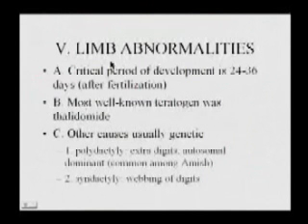So let's consider some limb abnormalities. There's a critical period of development, 24 to 36 days after fertilization. The most well-known teratogen is, and was, thalidomide. It is coming back into use in modern times, but not for childbearing women.